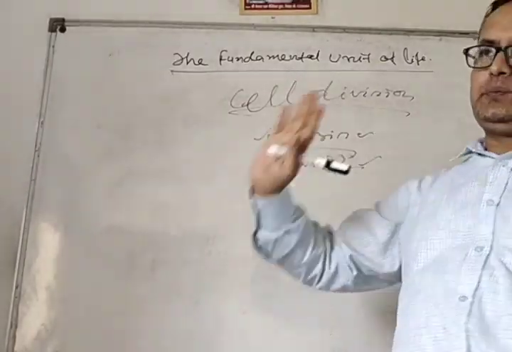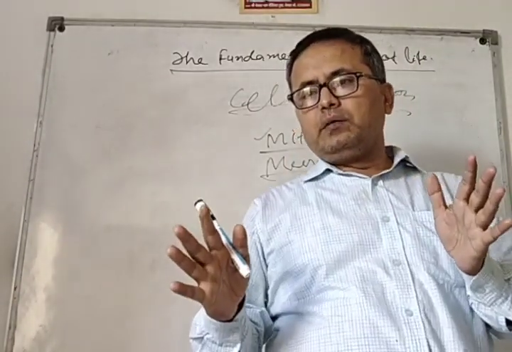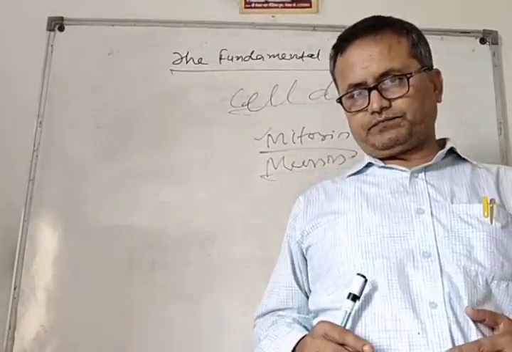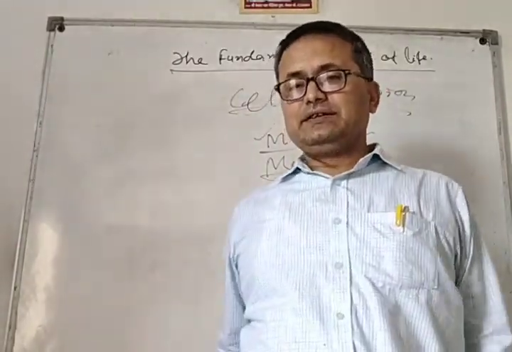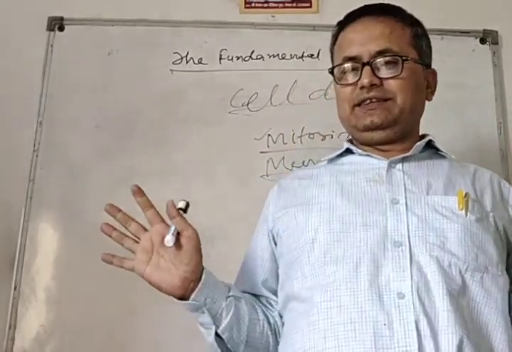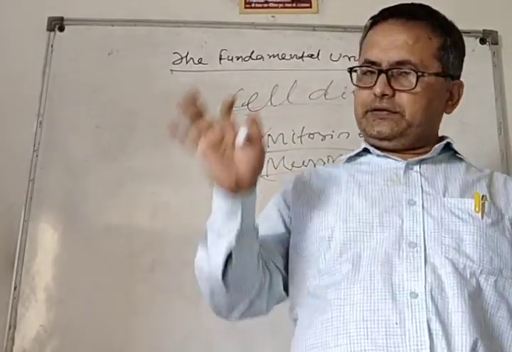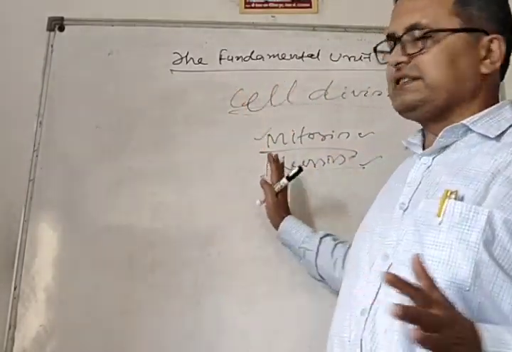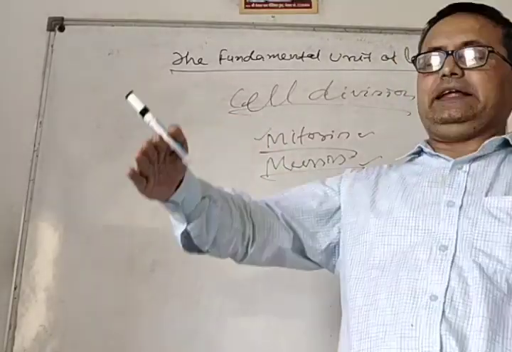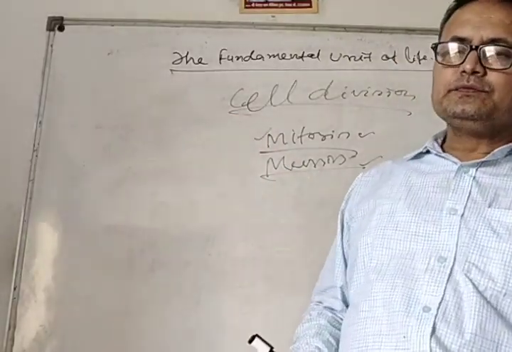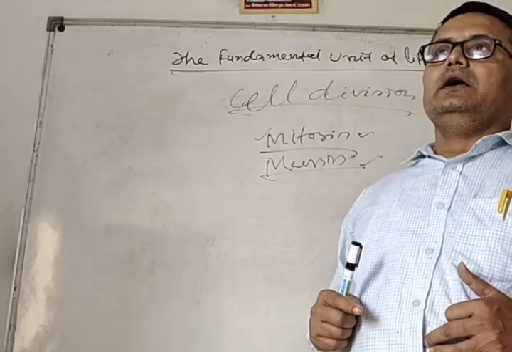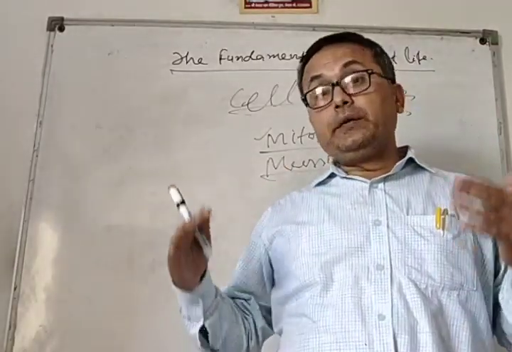Second is the meiosis process. The meiosis process occurs in specific cells, that is reproductive cells. Only in reproductive cells does the meiosis process occur, generally in higher organisms, and in the sexual mode of reproduction.